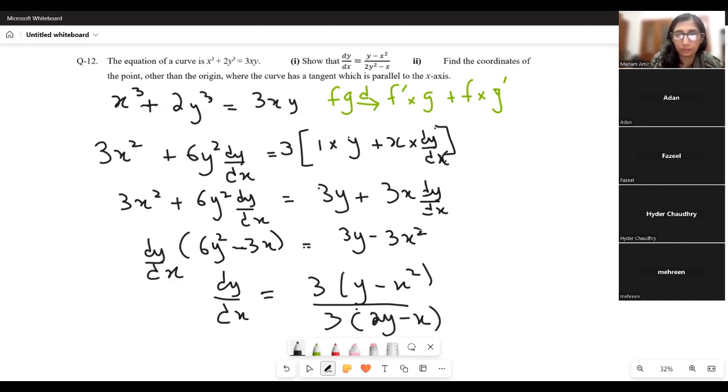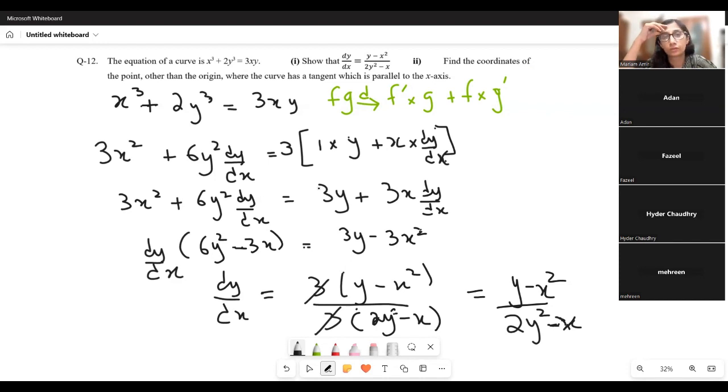So when we cancel the 3 with 3, we get the required form, y minus x squared upon 2y squared minus x. So part 1 is proved.